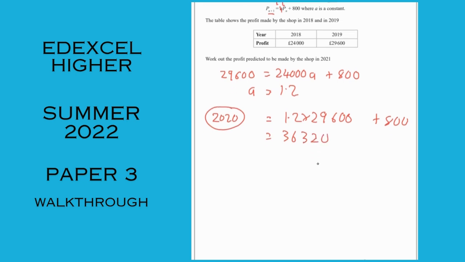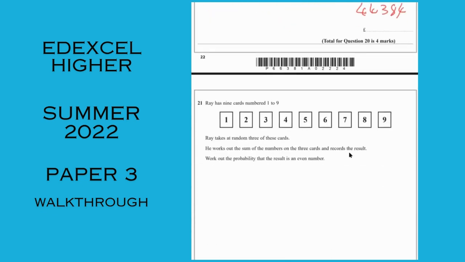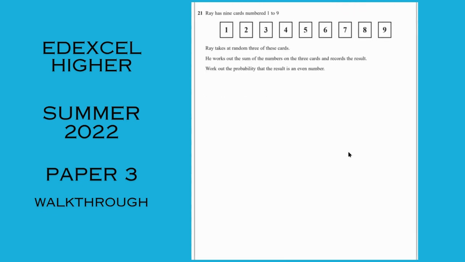So to get 2021's profit, you go again. You say that 36,320 is the current year's profit, so you times it by the 1.2 and you add on 800. We get 44,384. Don't worry about how it looks when it's written down. It's just iteration. It's repeated substitution.